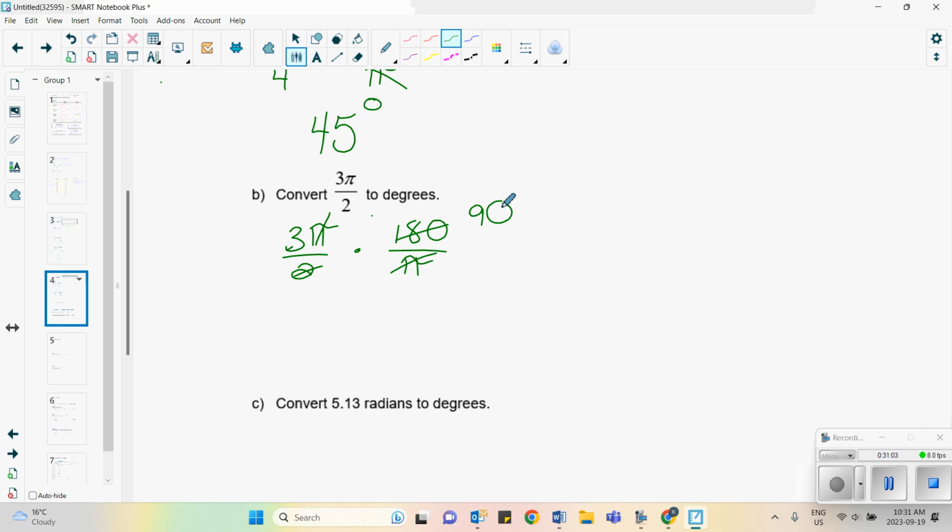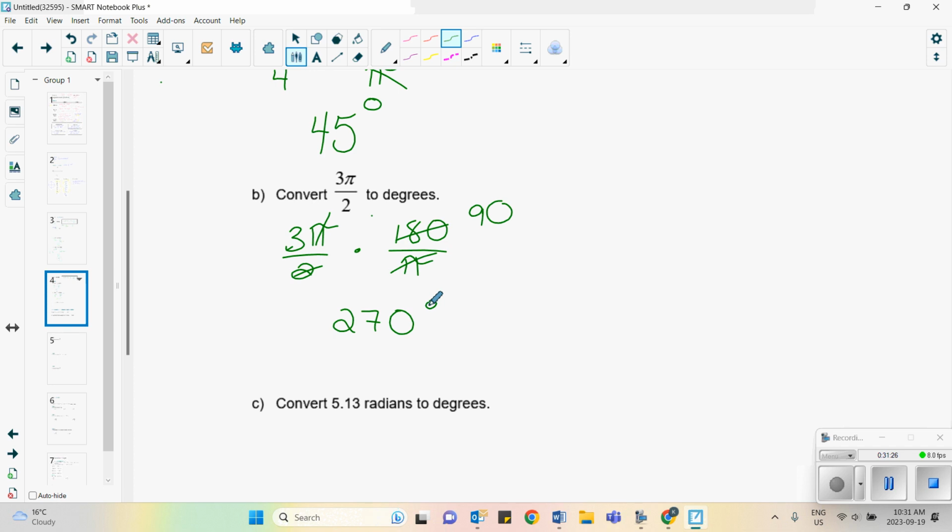The pies cancel each other out. Pies are gone. You're dividing them over. 5 divided by 5.